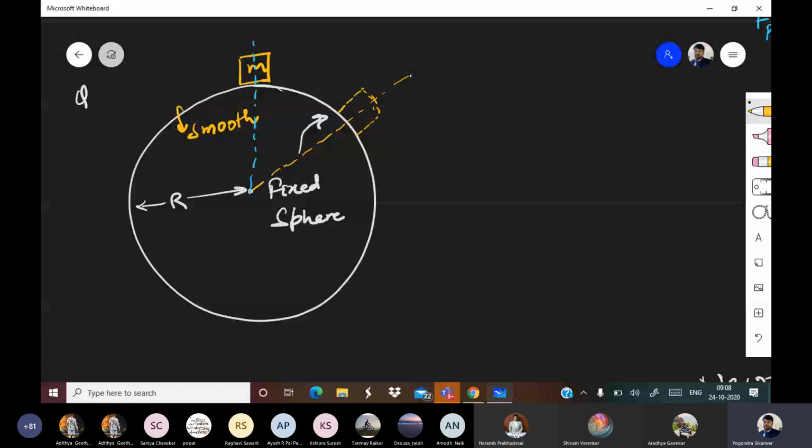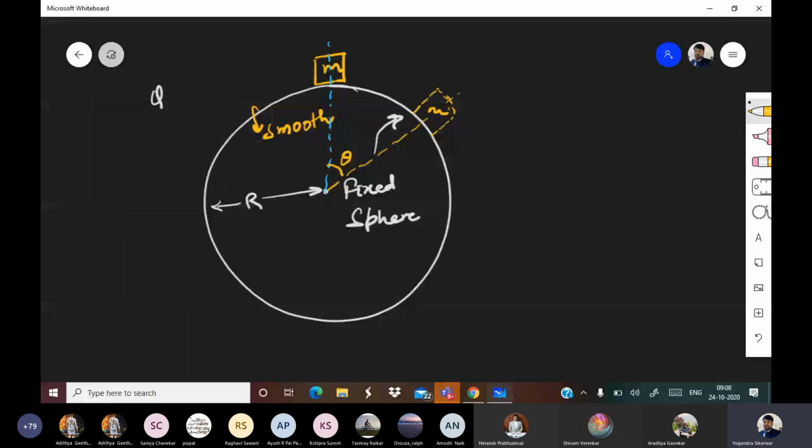It will lose contact. So while it is losing the contact, it will rotate through some angle theta. The question is, how much will the theta be?